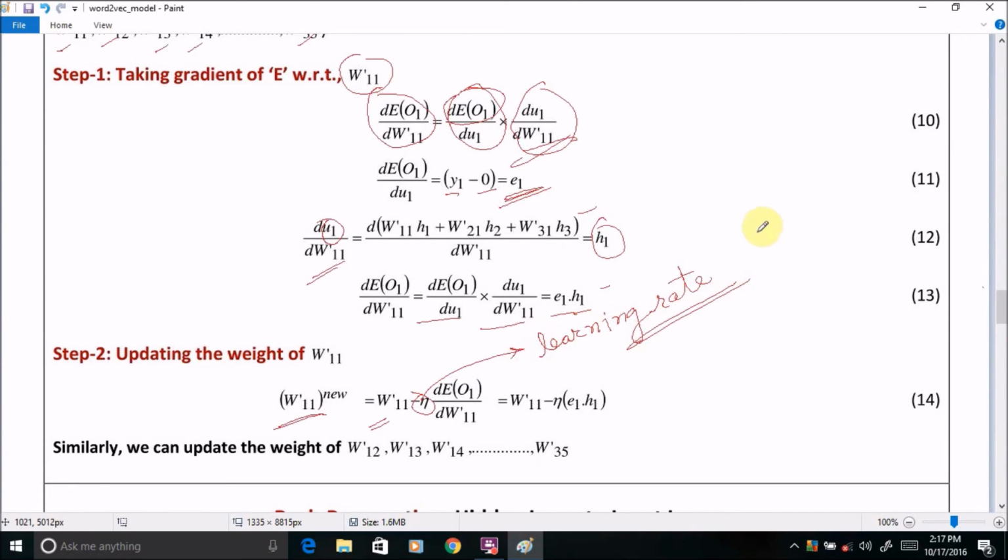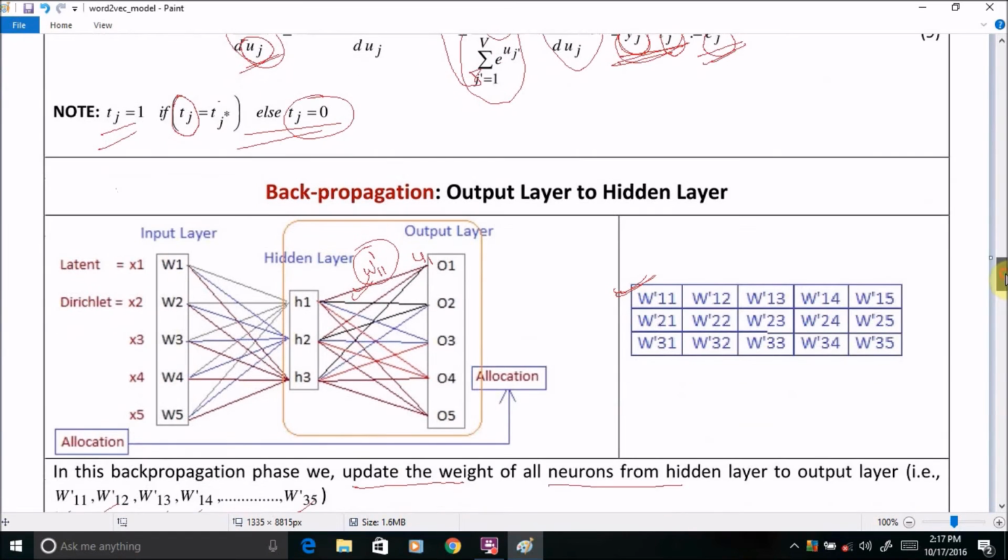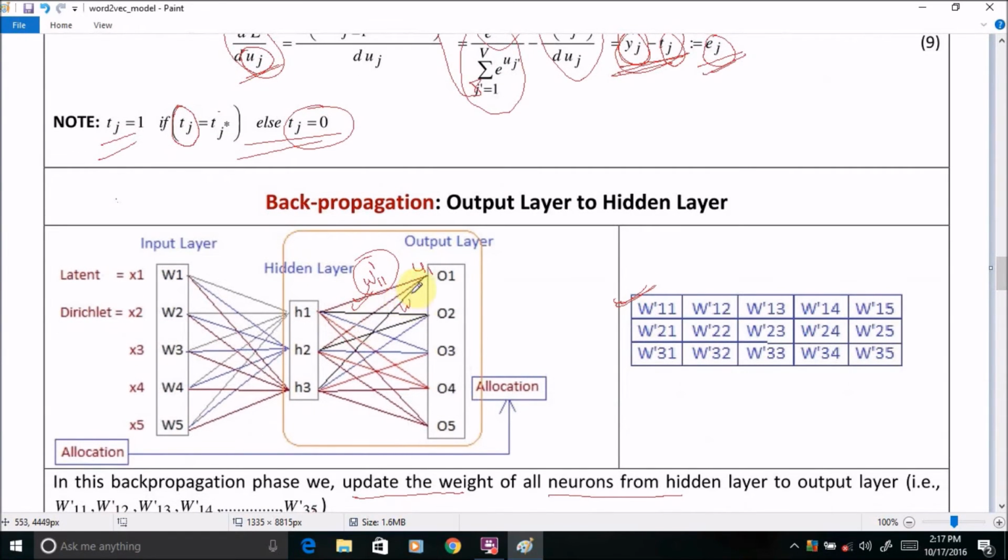We can put any value in the range of 0 to 1 as a learning rate, and dE01 is the gradient of E01 with respect to W'11, which is here, and this is the final new value of W'11. Similarly we can update the weights of all other neurons like W'12, W'13 and so on.